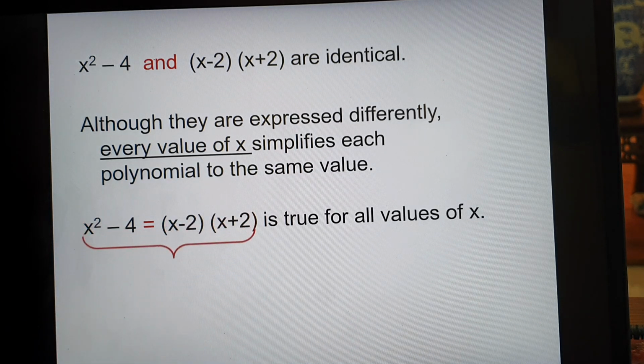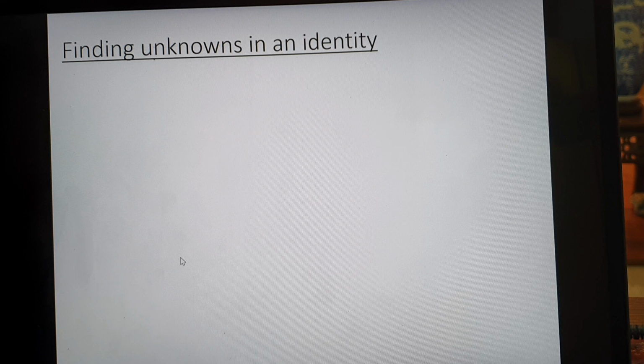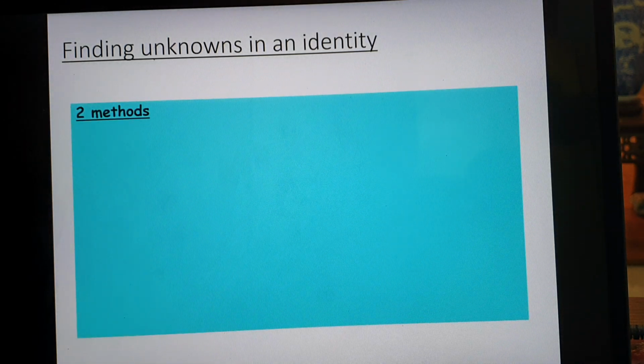This is known as an identity, and normally we write 3 lines here to denote identity. But even if we don't write the 3 lines, it is an identity if the left hand side is always equal to the right hand side for whatever values you put in.